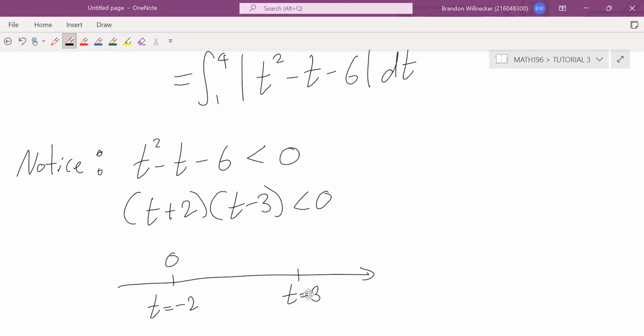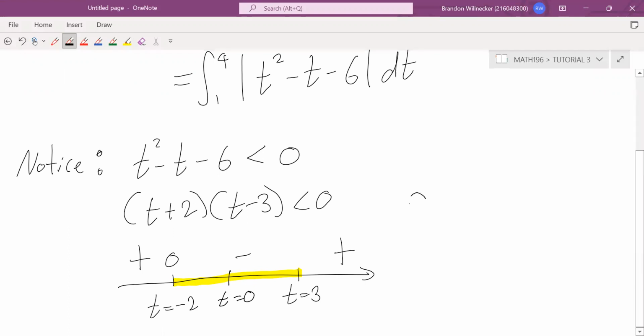Now, we notice that this is a happy face parabola because the coefficient of t squared is positive. So that means it's going to be a plus, minus, plus situation. We see that on the interval from -2 to 3, it is negative. We're not interested in negative time values, so wherever t is equal to 0 is our starting point of interest.